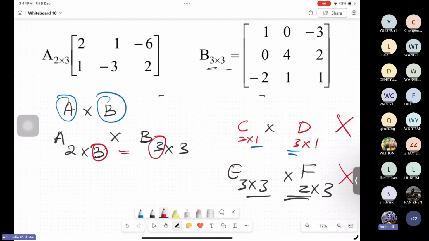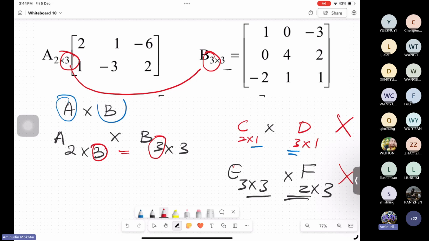In this case, the number of columns of A equals the number of rows of B, so we can find the product of A and B. Now the next question is, what is the size of the product?